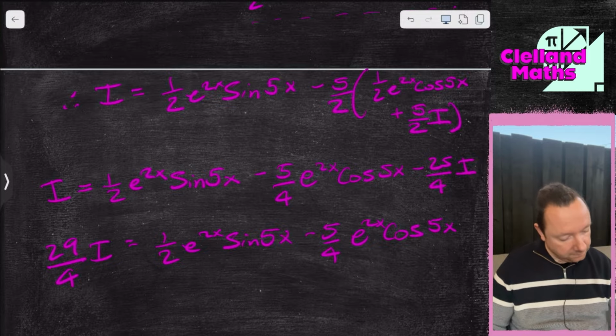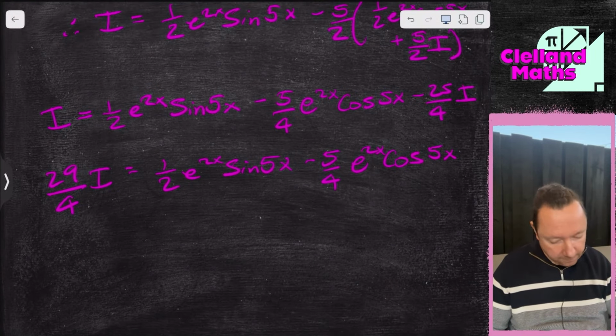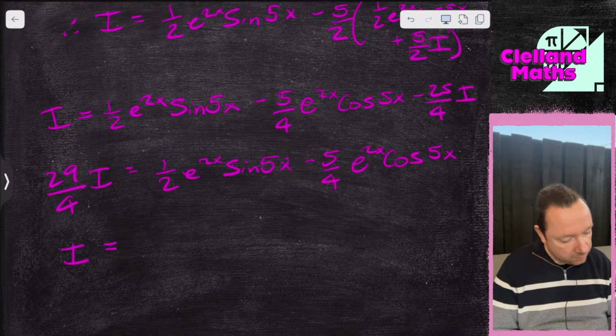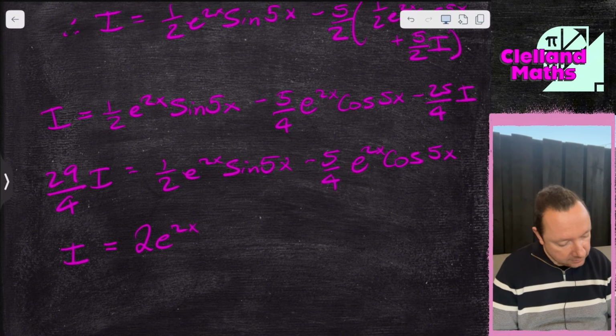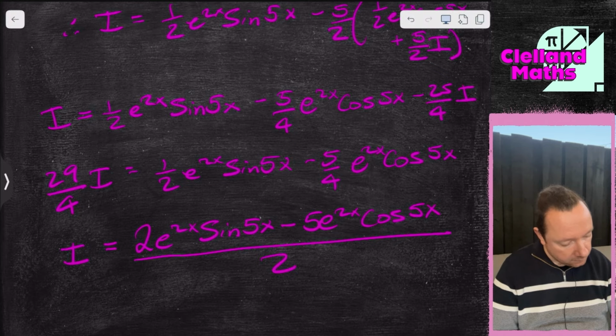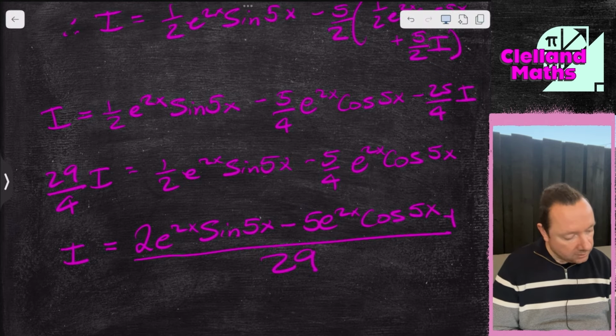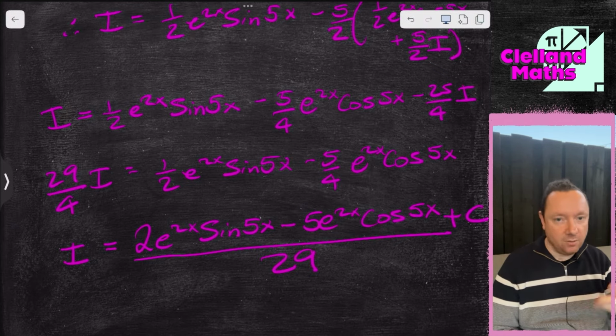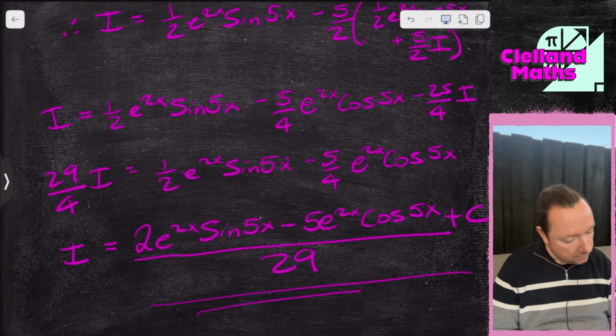So finally, we get our integral I is equal to, well, times all this by 4. So 4 times a half is 2, e to the 2x sine 5x. 4 times 5/4 is just 5, e to the 2x cos 5x, all over 29. And we've got a plus c, of course, don't forget that right at the end because you've never added it in. And we're done there.